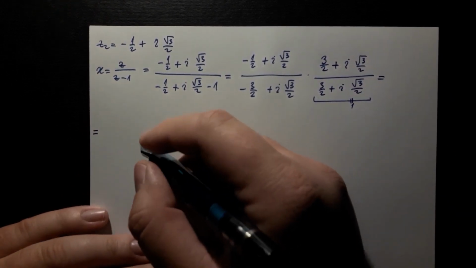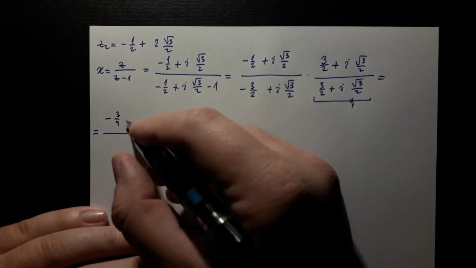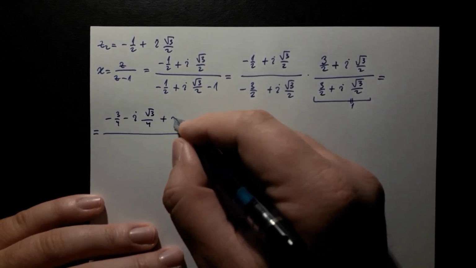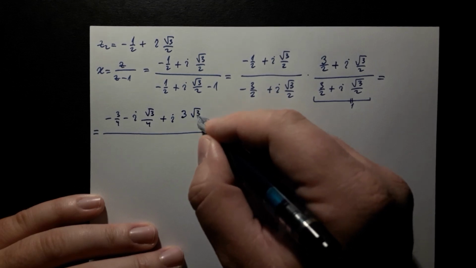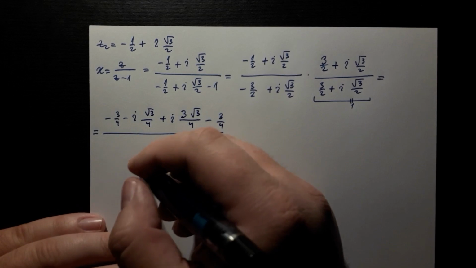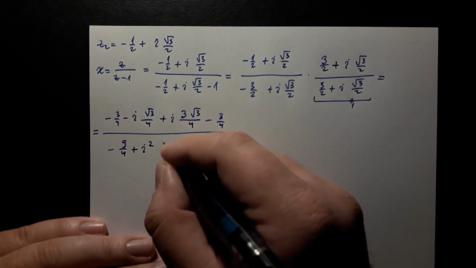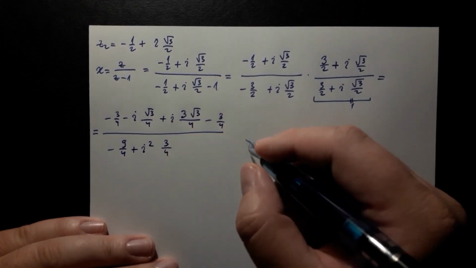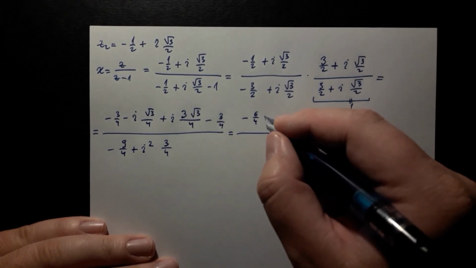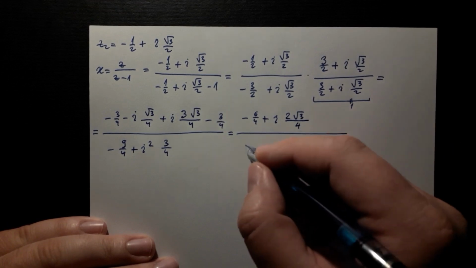This is then equal to negative 3/4 minus i square root of 3 over 4 plus i 3 square roots of 3 over 4 minus 3/4. Negative 9 over 4 plus i square root of 3 over 4, which is then equal to negative 6 over 4 plus i 2 square roots of 3 over 4.